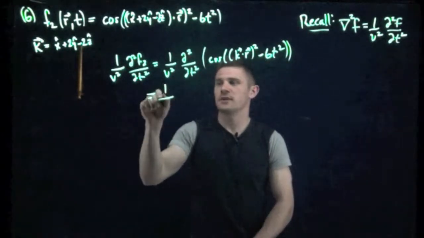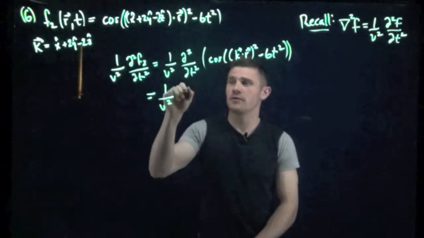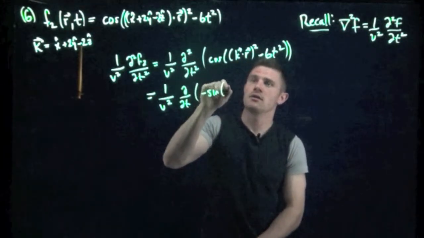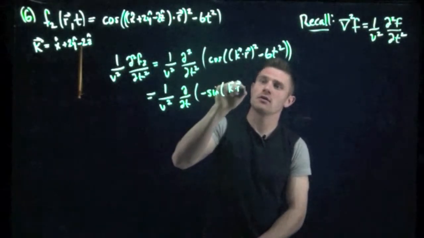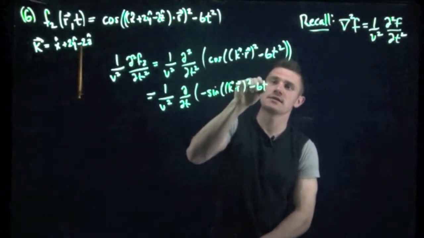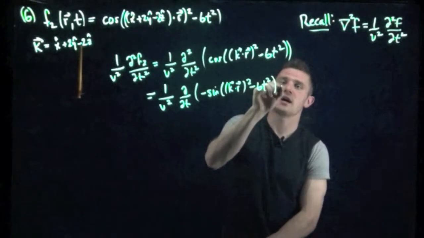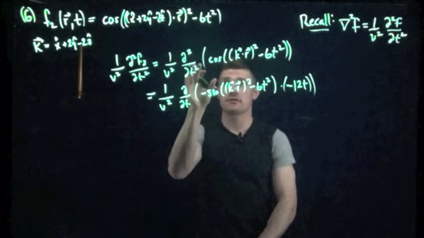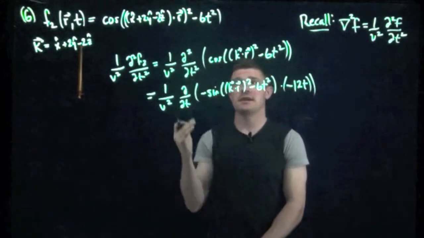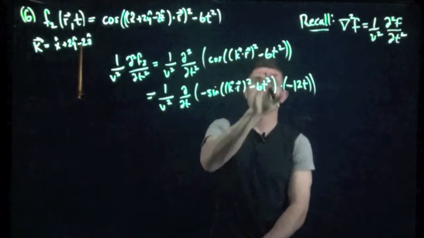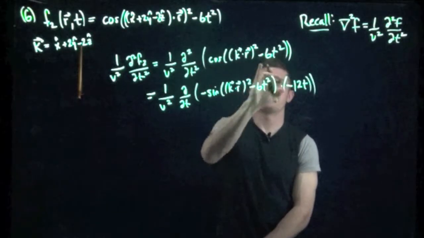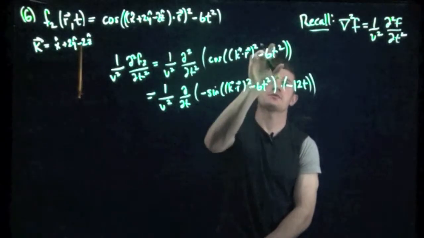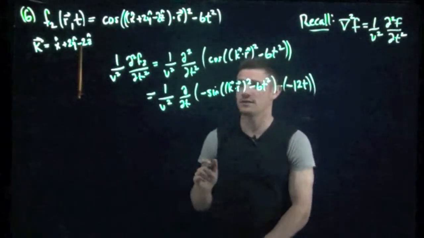So now we'll take this derivative with respect to t, and the first derivative gives us, by chain rule, negative sine of k dot r squared minus 6t squared times a negative 12t. And again, that's by chain rule. We take the first time derivative of cosine, which gives us a negative sine times whatever was inside, and then we take the derivative of the t term inside of the cosine, which gives us a negative 6 times 2, so we have a negative 12t.